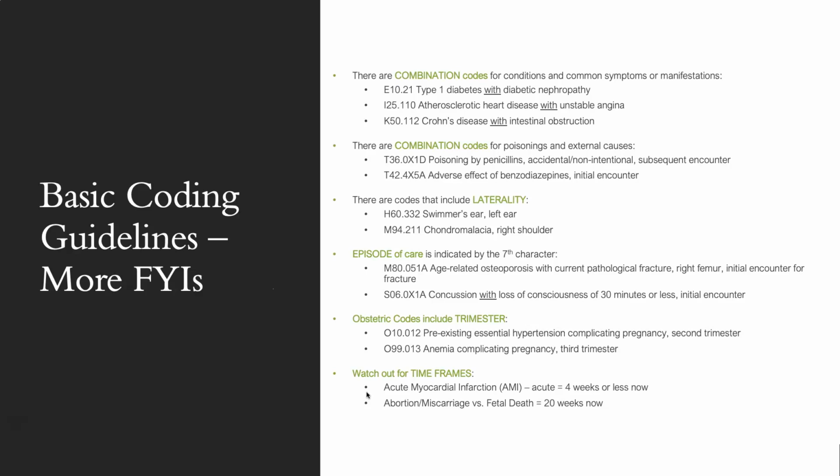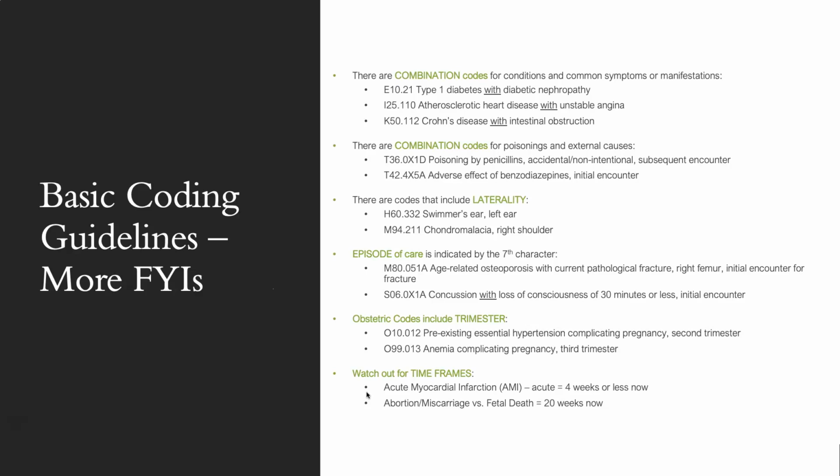There are also combination codes for poisonings and external causes. An example in your drugs and chemicals table: poisoning by penicillins, accidental, non-intentional, will code out to T36.0x1. And you will have that seventh character. In this case, it's subsequent encounter, so there's a D there.